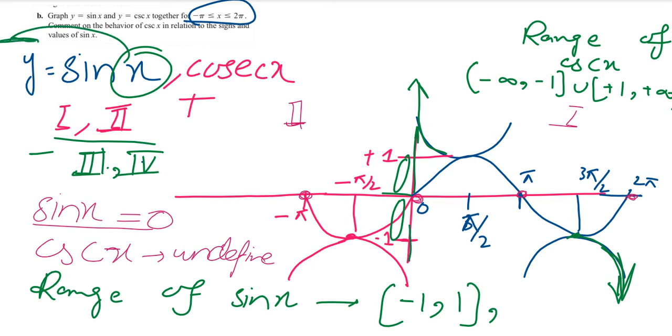And the second point is, whenever our sine x is equal to 0, we will get the undefined value for the cosecant x, and we discussed the ranges of sine x and the cosecant x. That's it.